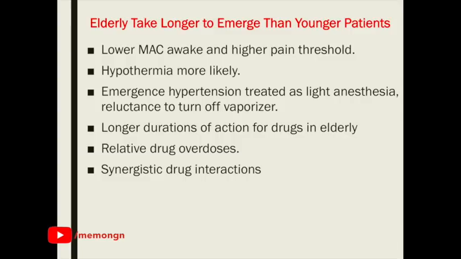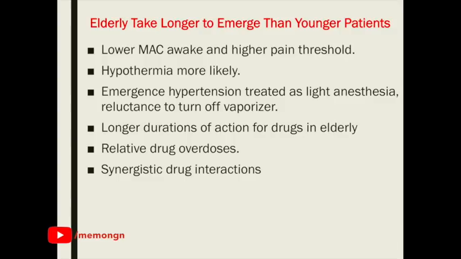Hypothermia is more common. Emergence hypertension is treated as light general anesthesia, with reluctance to turn off the vaporizer. This is a common occurrence. When we turn off the vaporizer, blood pressure goes high, and we don't want to reduce the concentration of anesthesia. There are alarming rises in blood pressure.